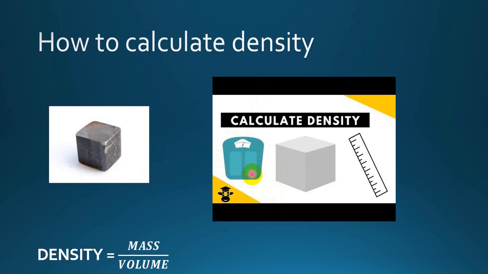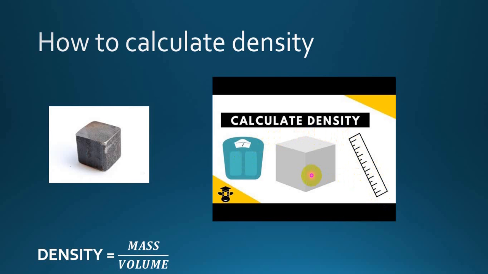Then we calculate the volume of it by using the ruler, by multiplying height times width times length. First we will calculate the mass of this iron cube by using the digital scale. Then we will calculate the volume of this iron cube by using the ruler.